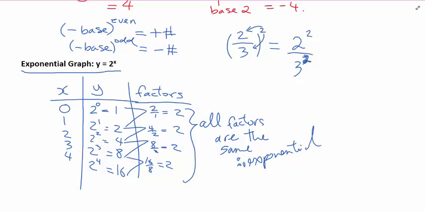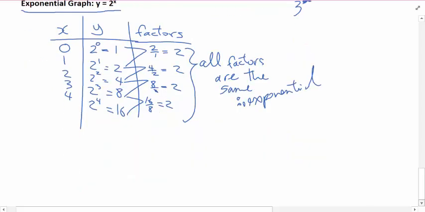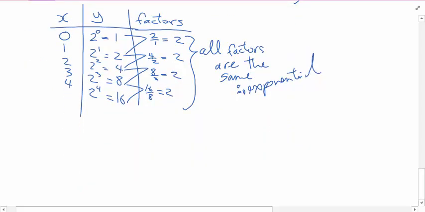All right, let me just sketch a quick graph of what this might look like. So here's my x-axis, here's my y-axis. When x equals 0, y equals what? 1, right? When x equals 1, y equals what? 2.